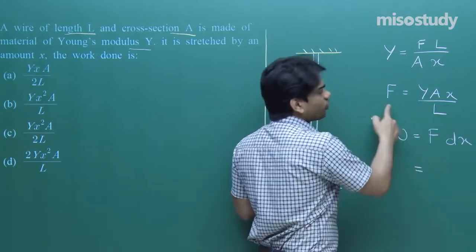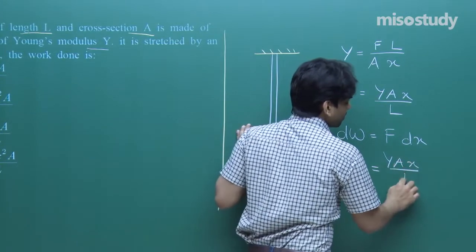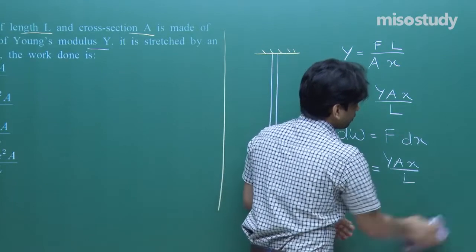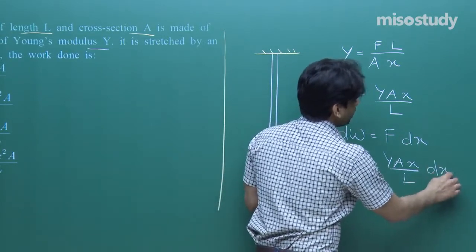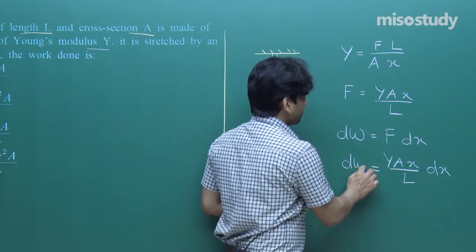Let us put the value of F as YAX by L multiplied with dx. So the small work done will be YAX dx upon L.